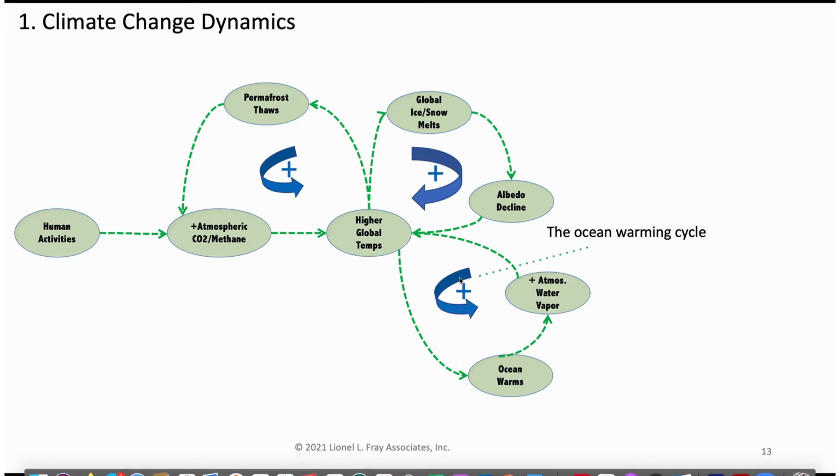And finally, the higher temperature creates more droughts, which, among other things, dries out forests, which increases the severity of forest fires like the ones we have recently been having in California, and reduces the total amount of forest coverage of the Earth. This releases more greenhouse gases, and so we have a fourth cycle.